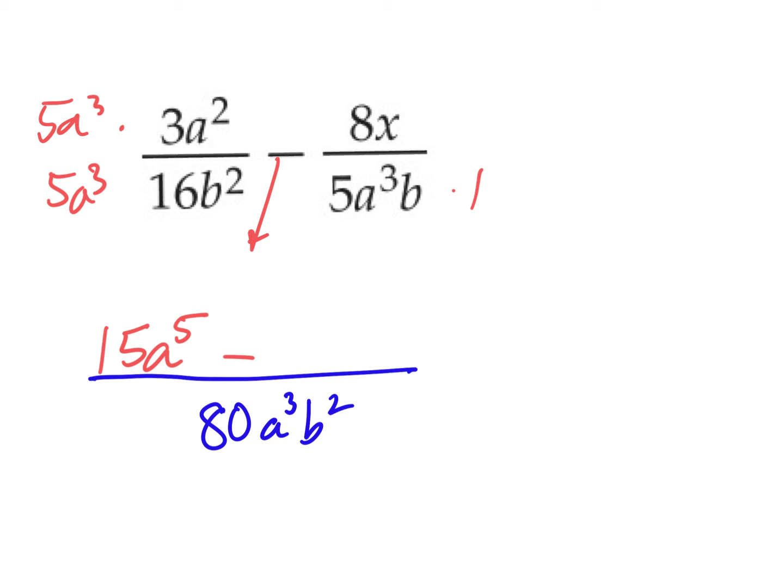There we go. 16 times b. Because 16b times 15a to the third will give me this. This is the factor missing from this to get me here. And then I have to do it to the top. So I get 48 for 128b.